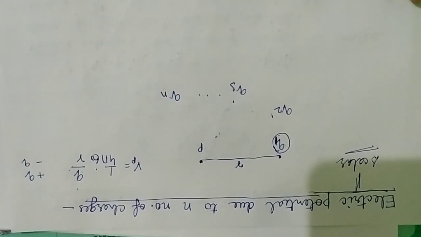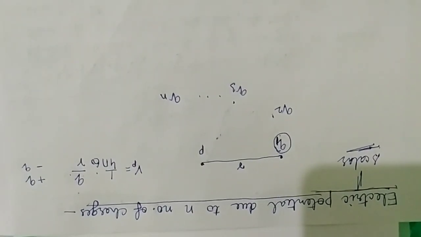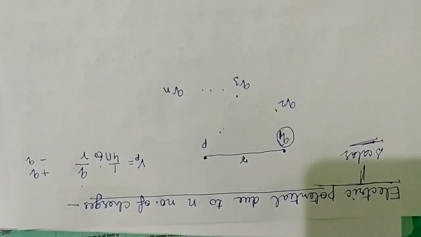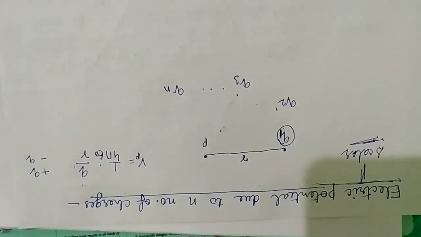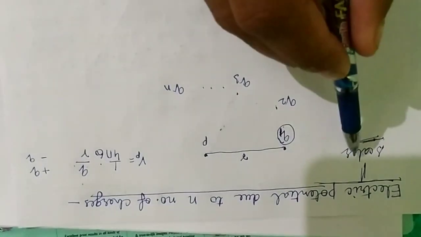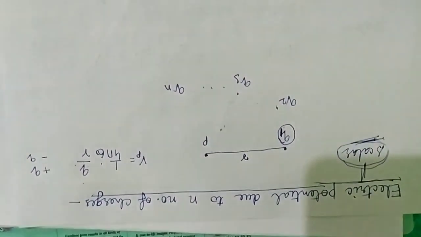Since it is a scalar, direction is not present, so I simply have to add by scalar sum. This you should remember.